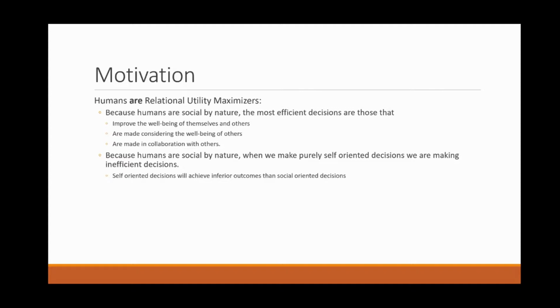So because humans are social by nature, when we make purely self-oriented decisions, we're actually making inefficient decisions. We are making decisions that have negative consequences for the well-being of others with whom we share relationships and community. Okay, when we make purely self-oriented decisions, we are making economically inefficient decisions.